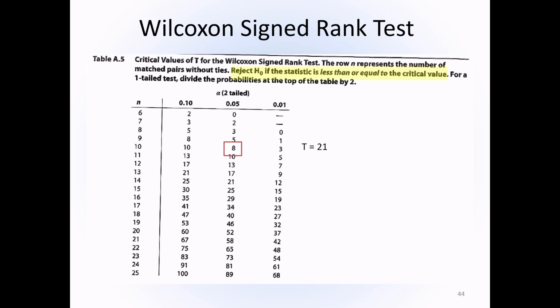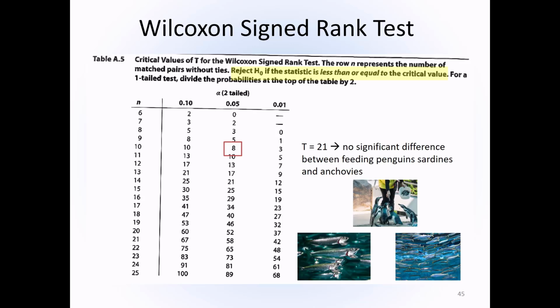Our test statistic for this respective example is 21. And if our critical value is 8, it exceeds this, so it doesn't meet the criteria to reject the null hypothesis. So what we can say here is even though we see some differences among penguins, there's no significant difference based on the diet of the penguins on their body condition using this statistical test.